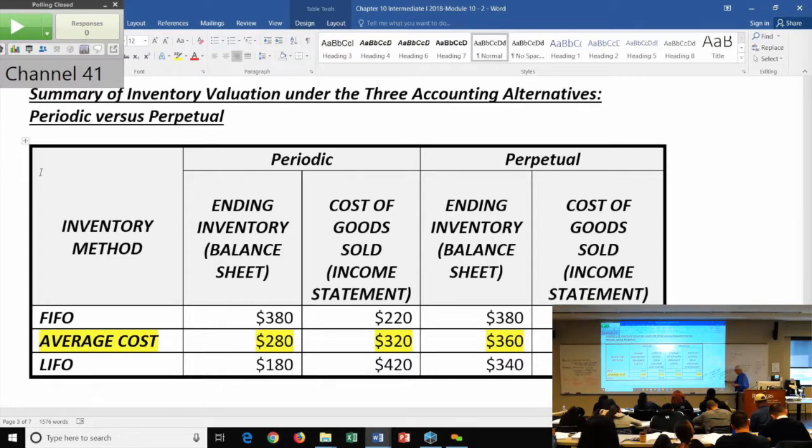Higher cost of goods sold matched with higher selling prices.